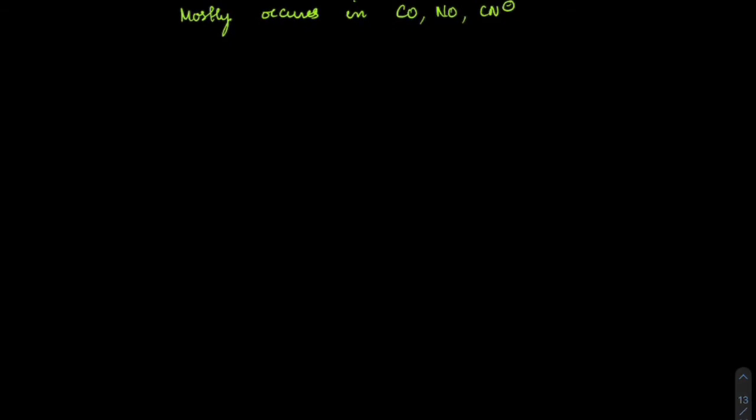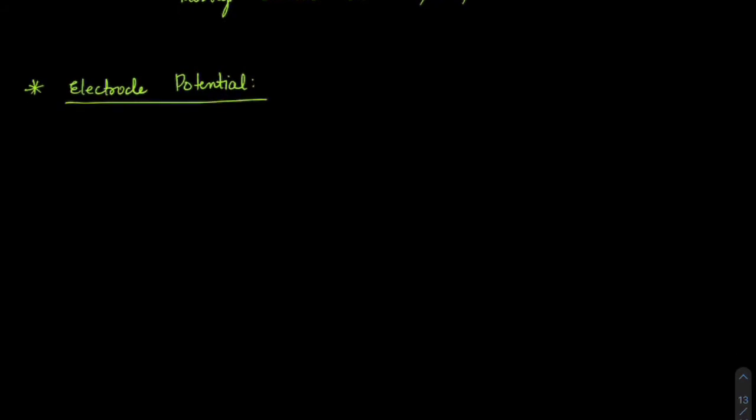Now the next important aspect in this chapter is electrode potential. We need to learn how it is changing. There are two types of reduction potentials we will see. First, if a metal has +2 charge and is reduced to M, then we will see +3 to +2.